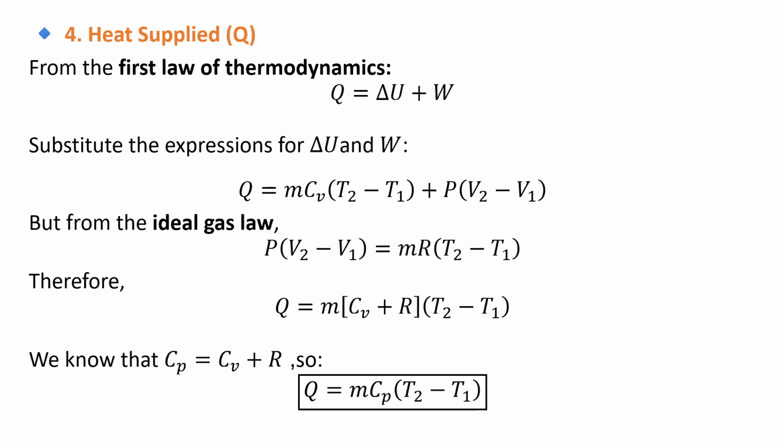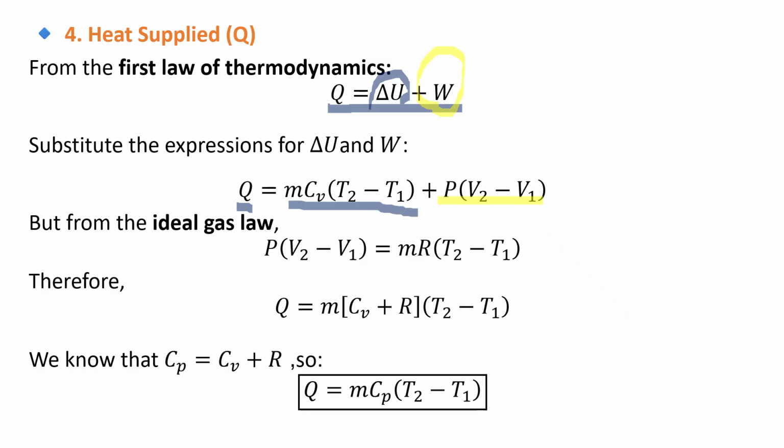According to the first law, Q equals delta U plus W. So Q equals, what is the delta U value? That is m Cv (T2 minus T1). What is the W value? That is P into (V2 minus V1).